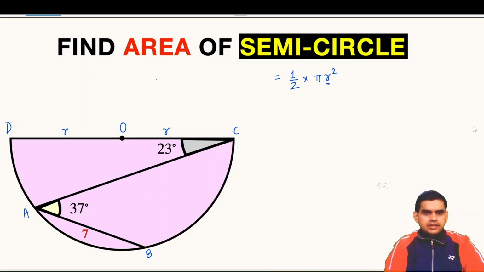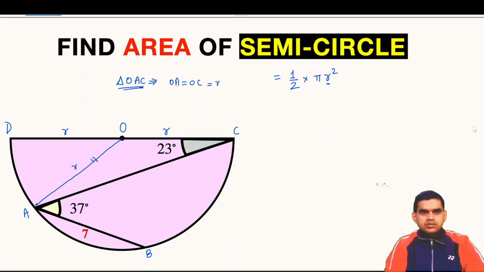For that, let us join O and A. So if we join OA, this will be the radius of the semicircle. This is the radius and OC is also the radius. So we are focusing on triangle OAC. In this triangle, we get OA is equal to OC is equal to the radius of the semicircle.